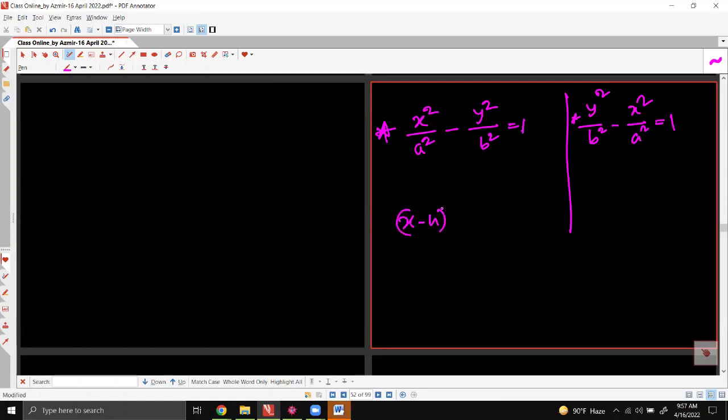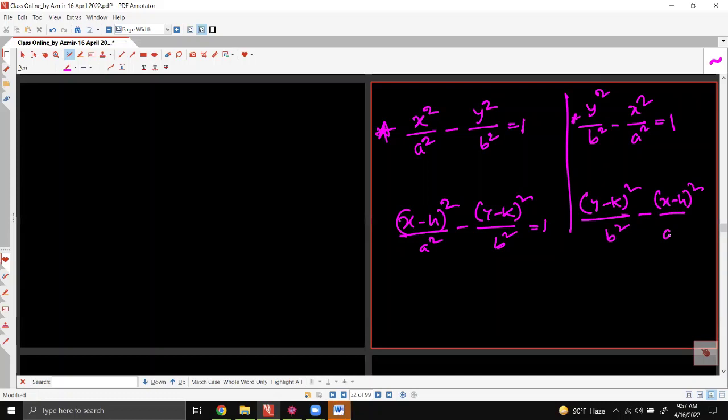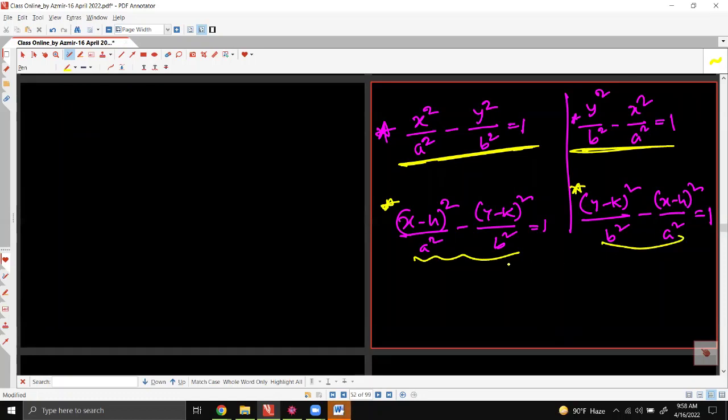Also, we can think about x minus h squared over a squared minus y minus k squared over b squared equals 1. Similarly, for this equation, we have y minus k squared over b squared minus x minus h squared over a squared equals 1. If we know the formulas for these two equations, then we can easily analyze them. These are the standard form 2 and these are standard form 1.